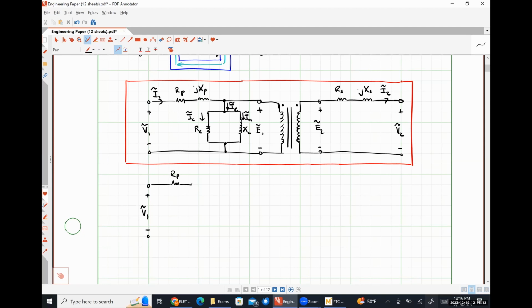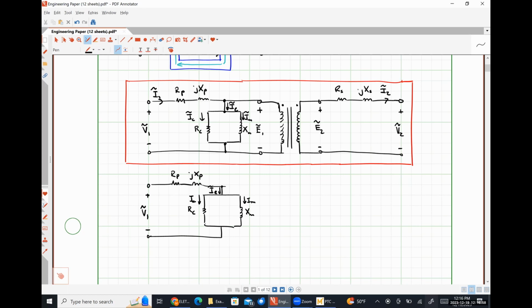My resistance R sub P, my reactance jX sub P. Here's my shunt branch, like so. I sub M, I sub C, I sub e.